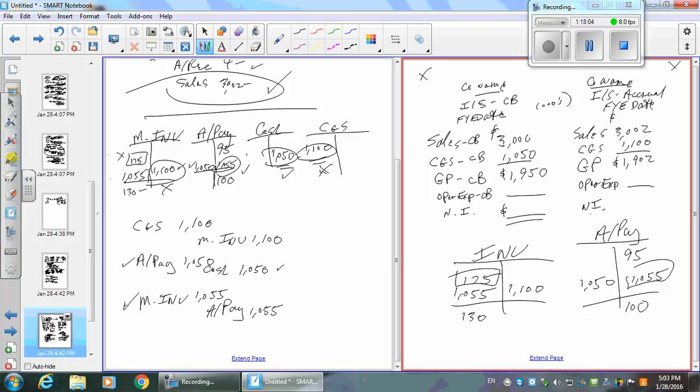Net income is 180,000. So guess what operating expenses must be? 1902 less 180. How much is that? I meant to leave another unknown, didn't I? 1722.